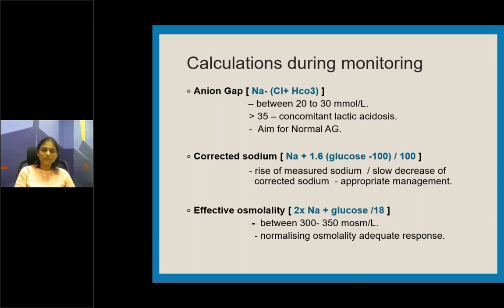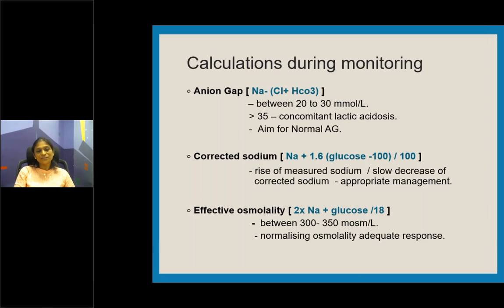But in our labs, because of the method with which we test the sodium, we don't have a problem with pseudohyponatremia. So what does corrected sodium mean? It is going to tell us the expected sodium in the absence of hyperglycemia. This is very important because for monitoring the progress of the response to treatment, we need to know the corrected sodium.